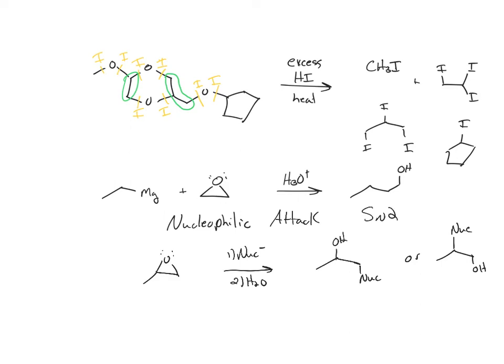If this is an SN2 pathway, is the nucleophile going to attack here or here first? Or where's it going to attack? The nucleophile has some size. Is it easier for it to attack at a crowded area or a more exposed area? More exposed area. So in this case, this undergoes an SN2 pathway, so we do not see any of that one. We only see the nucleophile attacking at the least hindered or the more accessible carbon. Okay?